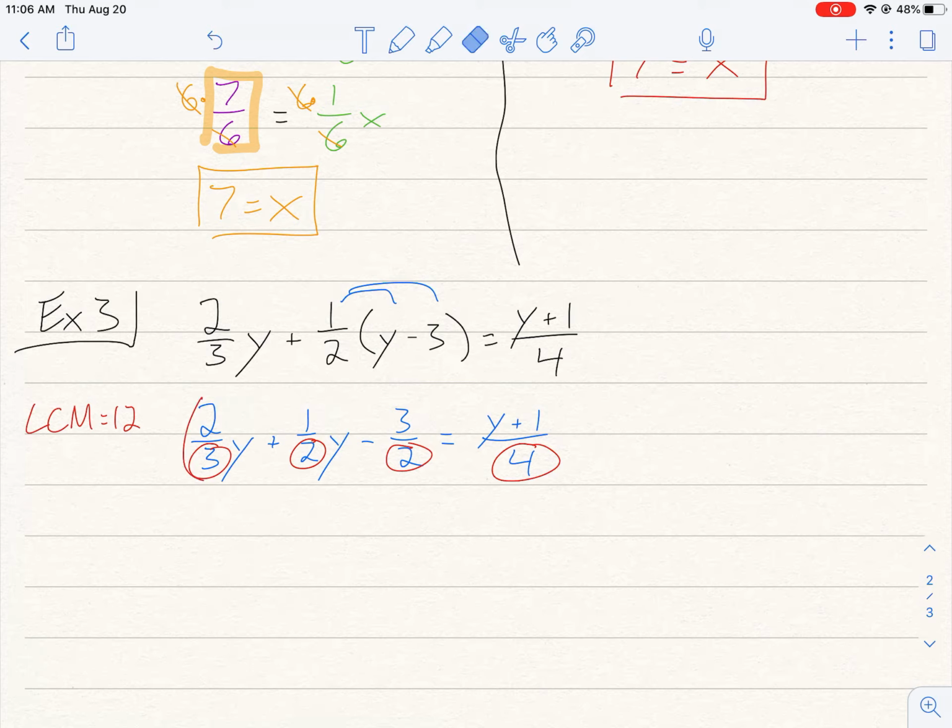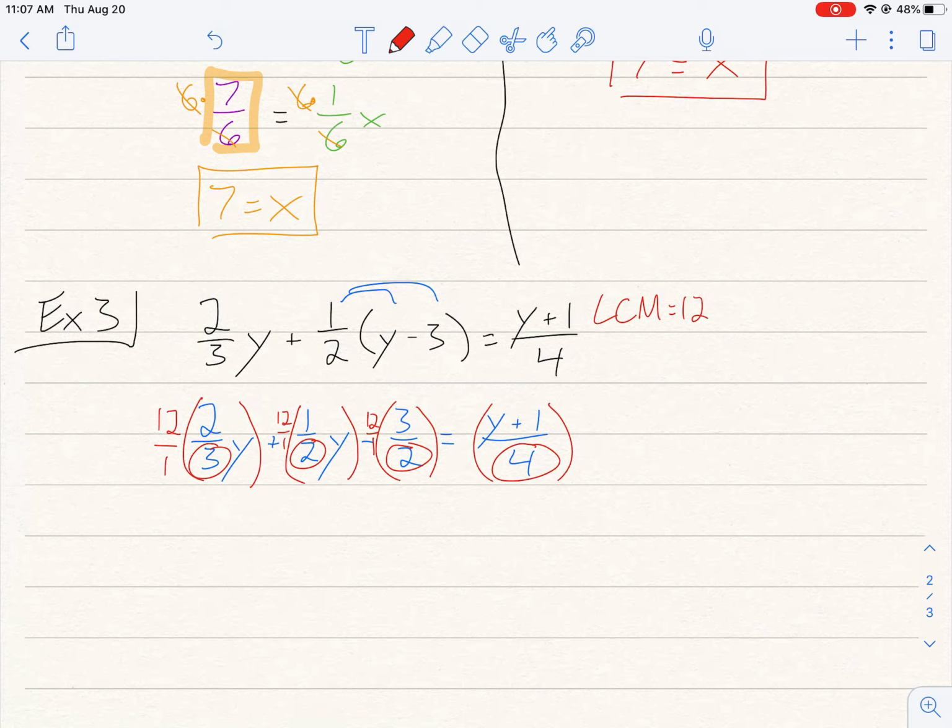Let's move this over here. So take 2/3 y, multiply it by 12 over 1. 1/2 y, 12 over 1. 3/2, 12 over 1. And then y plus 1 over 4, 12 over 1.